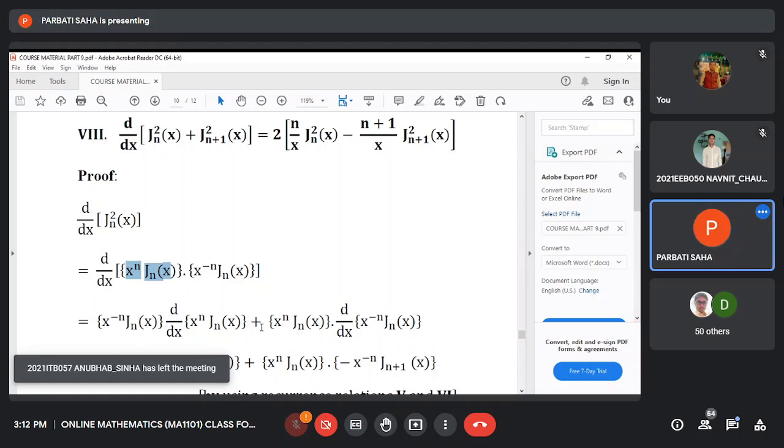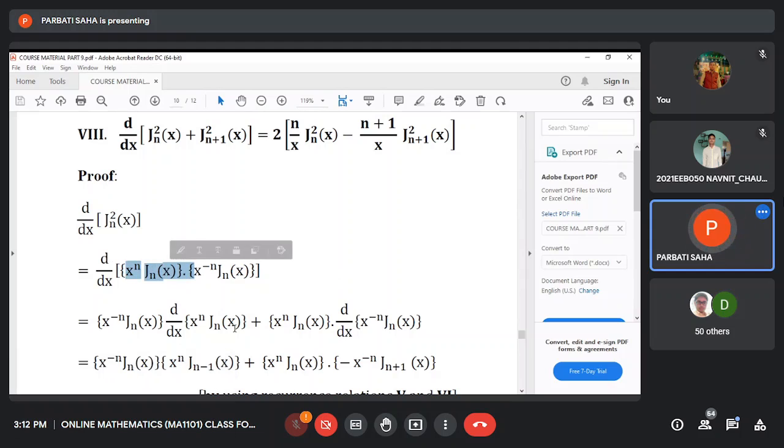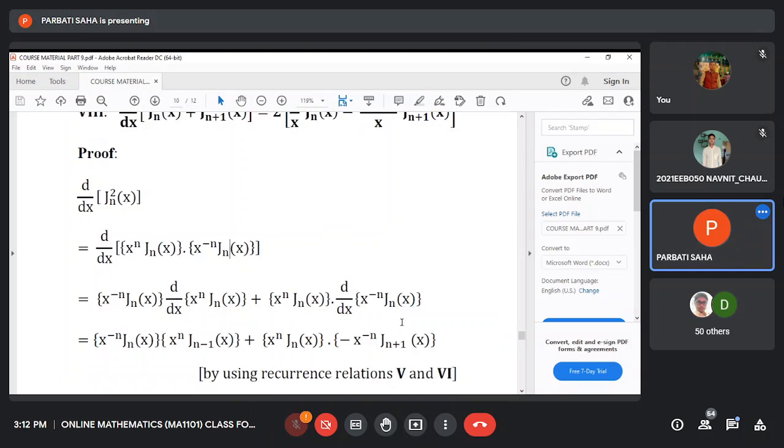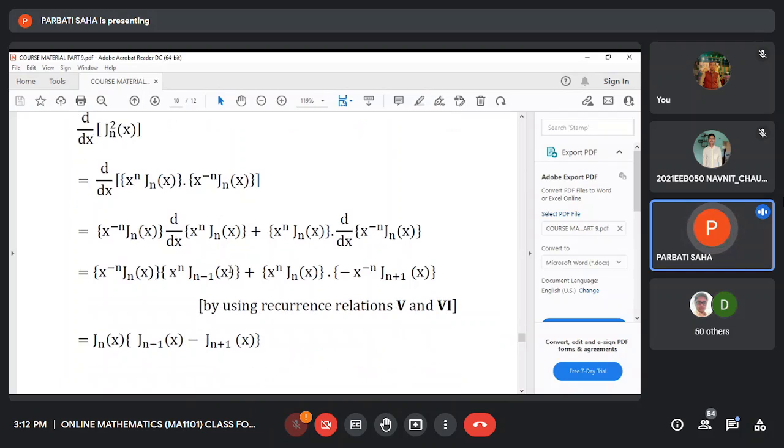Here first differentiate this term with respect to x, and this will remain unchanged, plus this will remain unchanged, and differentiate the second term like this. Now the relation x d/dx of x to the power n Jn x should be replaced by this. And x to the power n Jn x is this, and d/dx of this we have already proved.